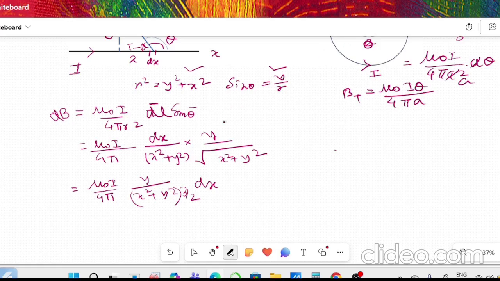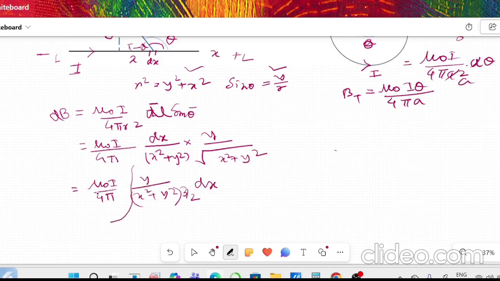So we just want to integrate. Suppose this extends from, let's say, minus L to plus L. Okay, finite length. Now here I am integrating over x and dx.